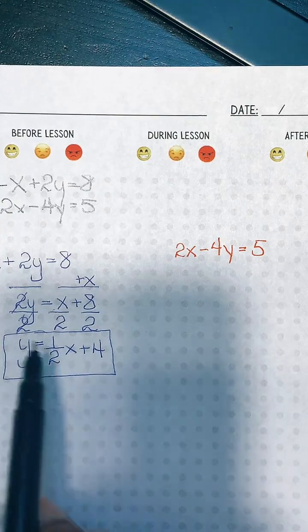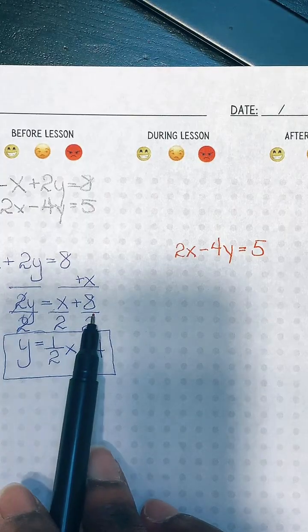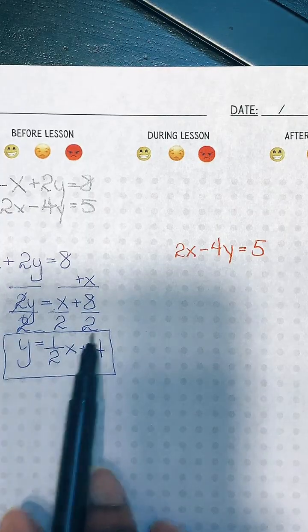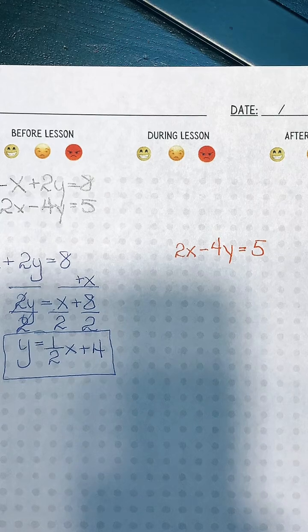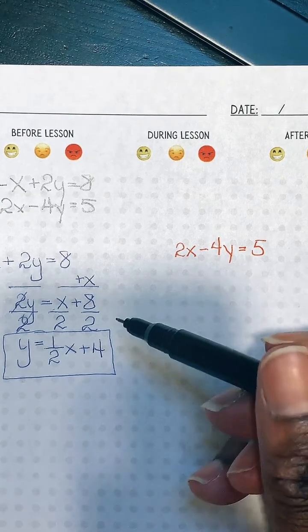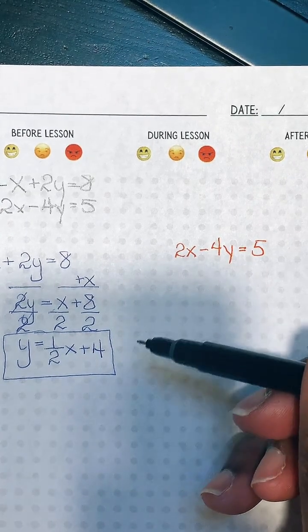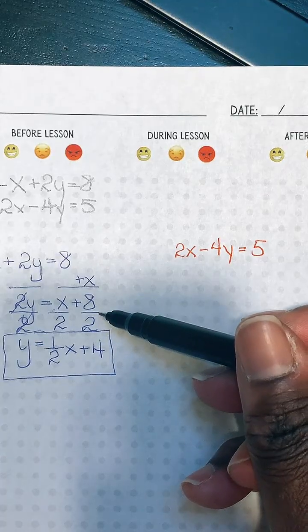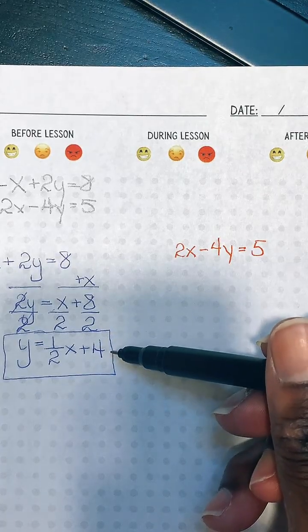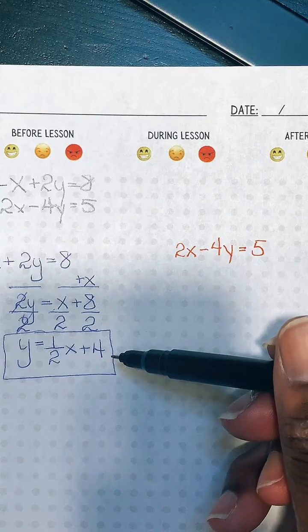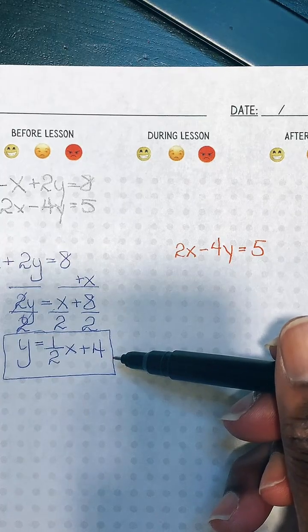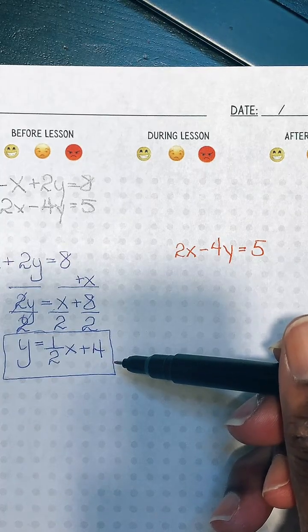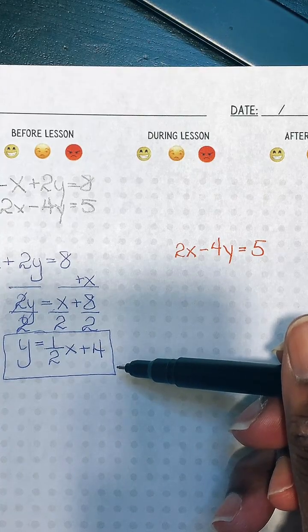So what I like to do is divide every term by the 2 so I won't forget. Okay, so we got it in standard form and we're trying to transform it into that slope-intercept form. Okay, does that make sense? Hey.